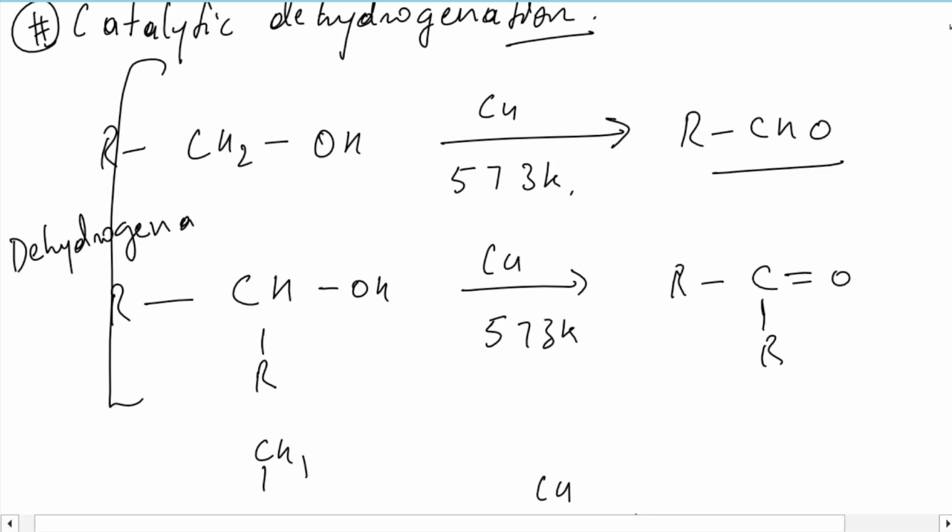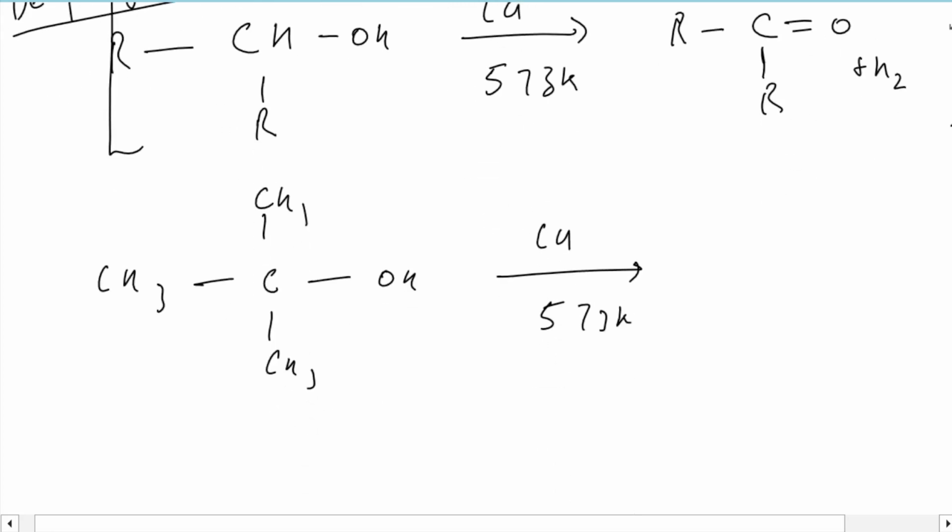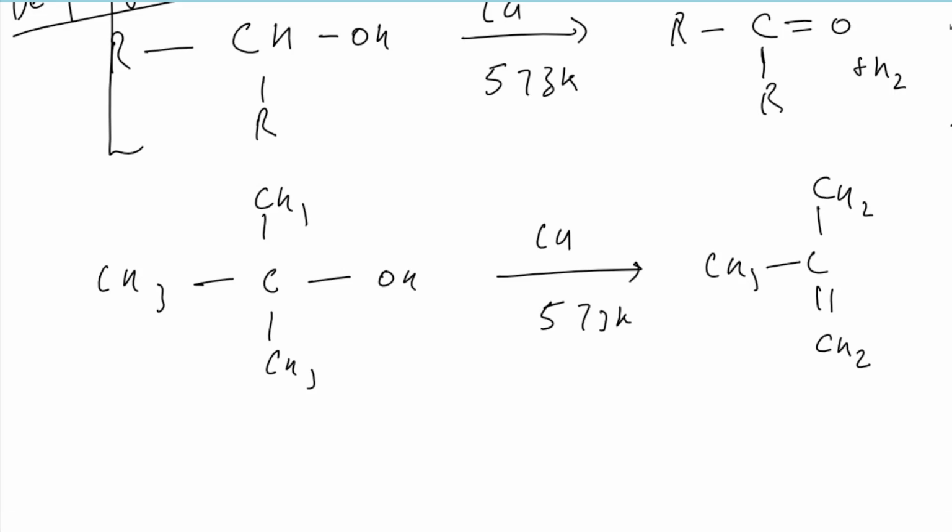Hydrogen is formed as a byproduct in the case of primary and secondary alcohol, while H2O is formed as a byproduct in the case of tertiary alcohol. So again, it's an alkene formed in the case of tertiary alcohol.